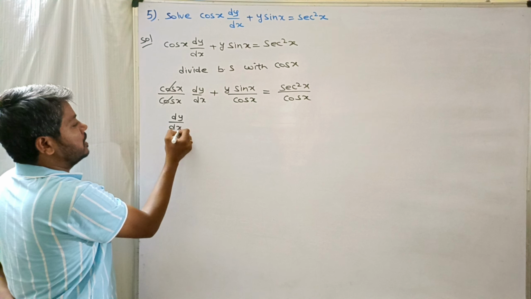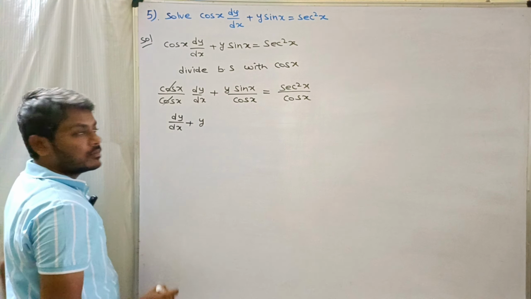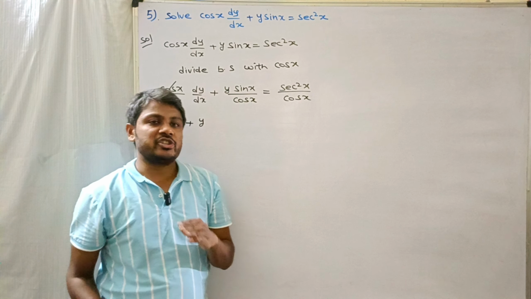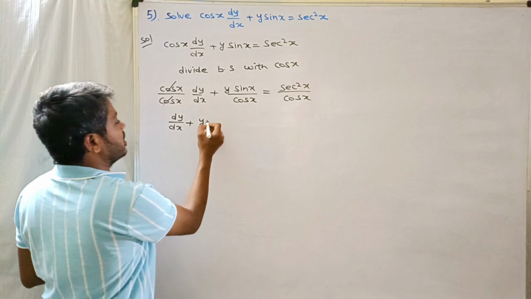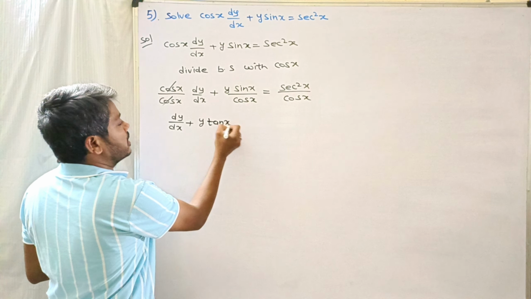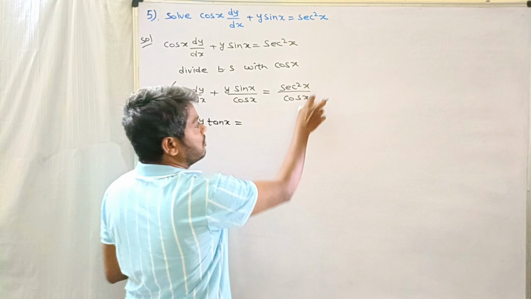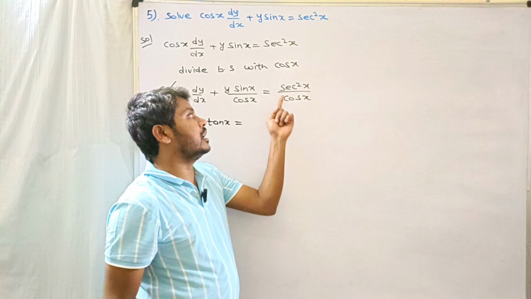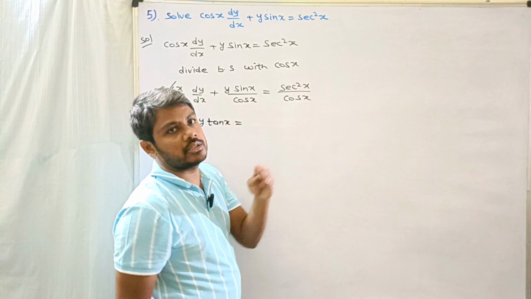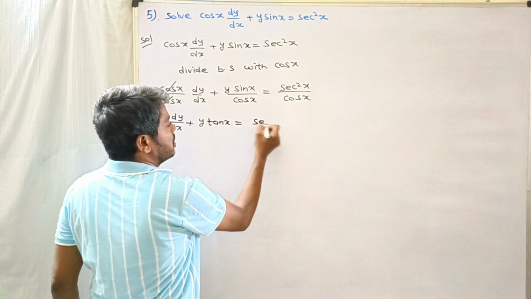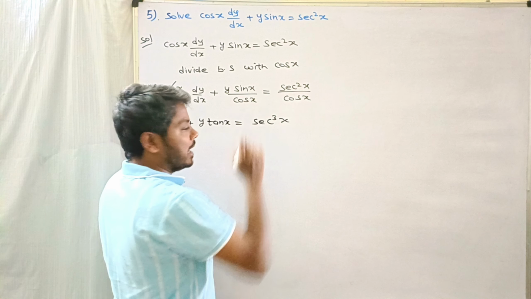Dy by dx plus y into, we know that sin theta by cos theta is tan theta, so we can write as tan x. And 1 by cos is secant x. Already we have secant square into secant, that is secant cube x.